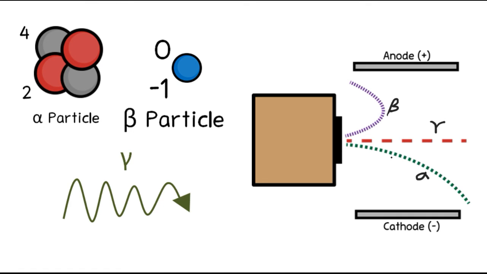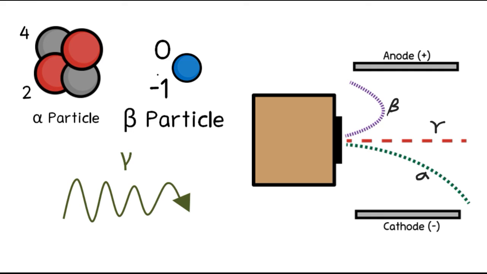One last thing I'm going to talk about is the properties of these types of radiation. An alpha particle has a very large mass, so it won't actually be able to travel very far. It will travel maybe a meter or so in air, but you could stop it with a piece of A4 printer paper, and that would be enough just to stop this alpha particle in its tracks when it had been emitted. This beta particle is much lighter, so it will be emitted with a higher velocity.